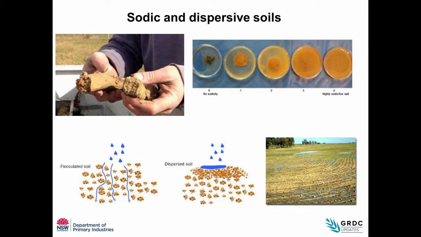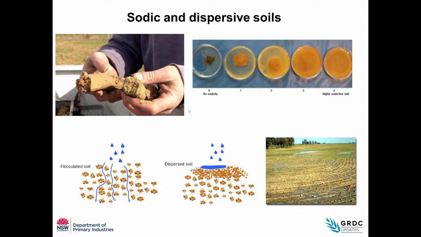In some cases, if you have a variety sensitive to high sodium concentration, that waterlogging and high sodium concentration also trigger a pathway for sodium to go into the plant and cause sodium toxicity, which declines the yield. So we have a chemical and physical issue with sodic and dispersive soils.